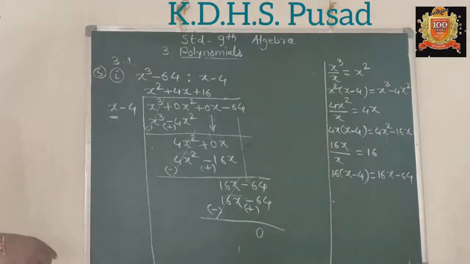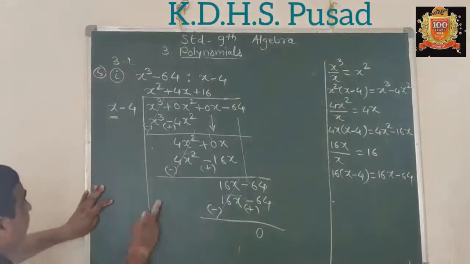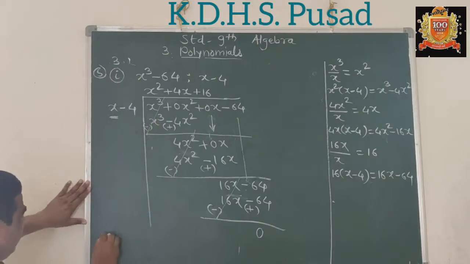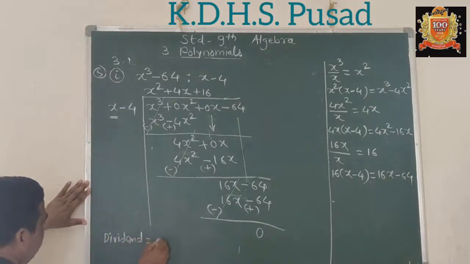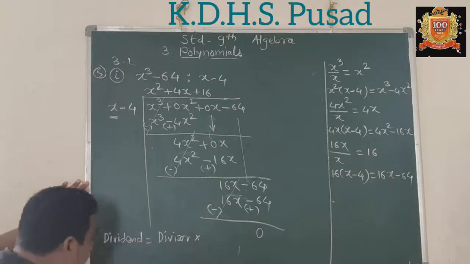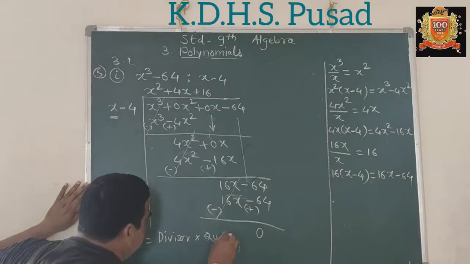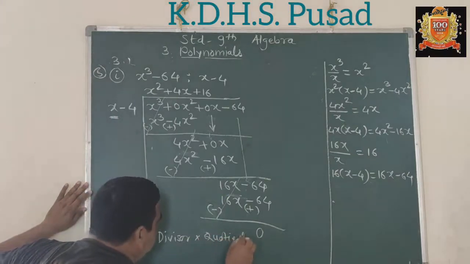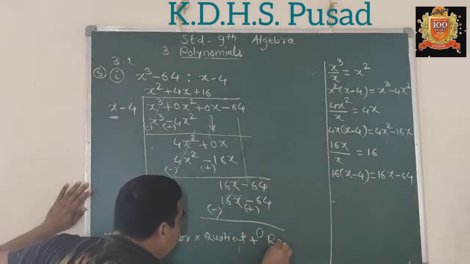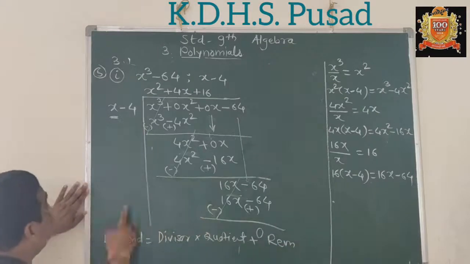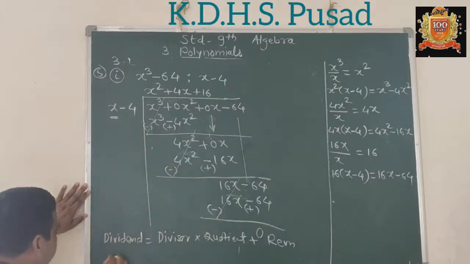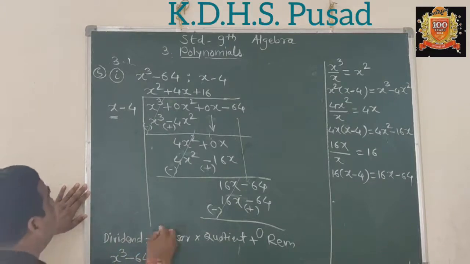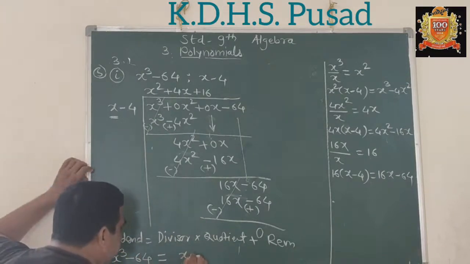And now, as the final answer, write it in that format. Dividend equal to divisor into quotient plus remainder. So one by one we write: dividend, the original x cube minus 64, equal to divisor, that is x minus 4.